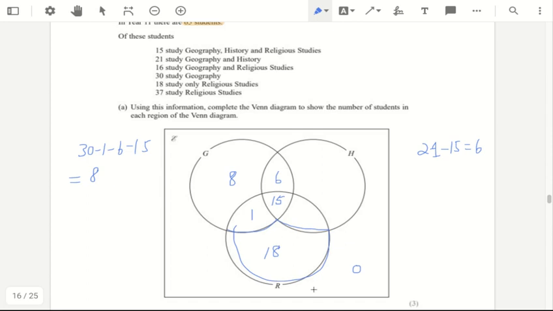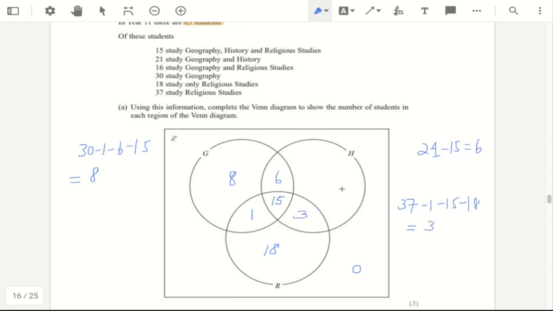So this whole circle here should add up to 37. So 37 minus 1 minus 15 minus 18 gives us 3. There's 3 here. Okay, great.